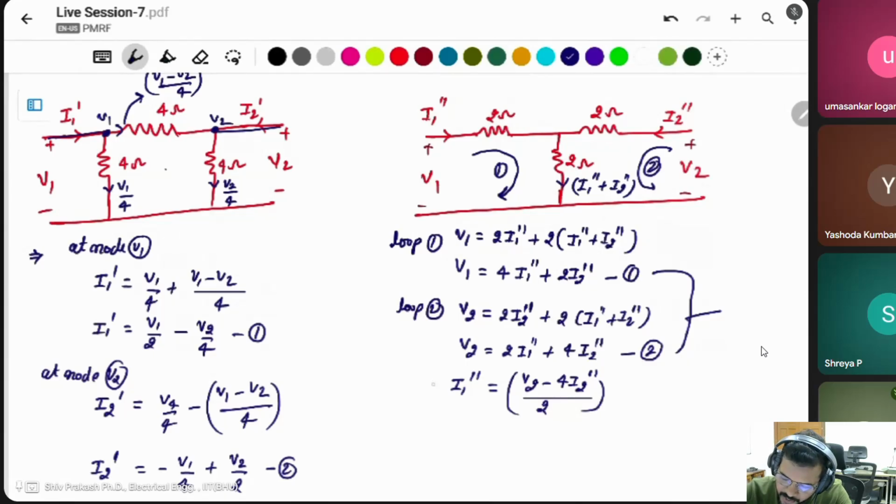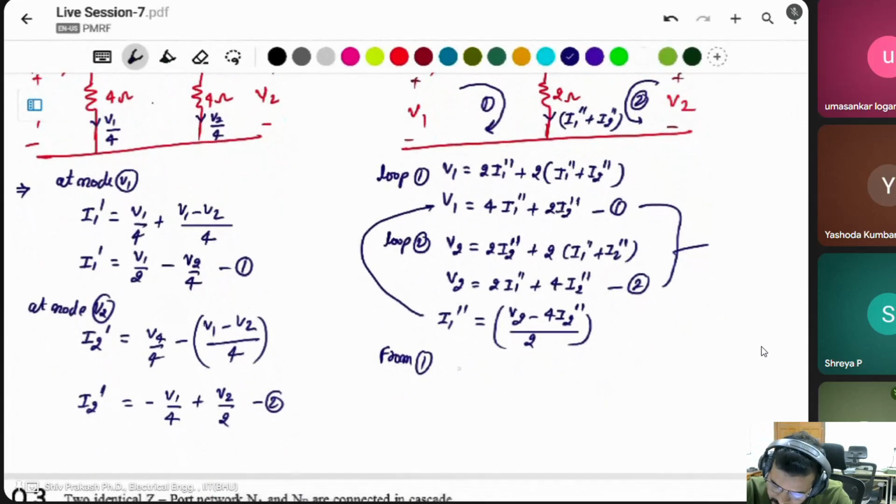Put the same I1 in equation 1. And what is V1? V1 is equal to 4 into (V2 minus 4 I2 double dash) divided by 2 plus 2 I2 double dash.